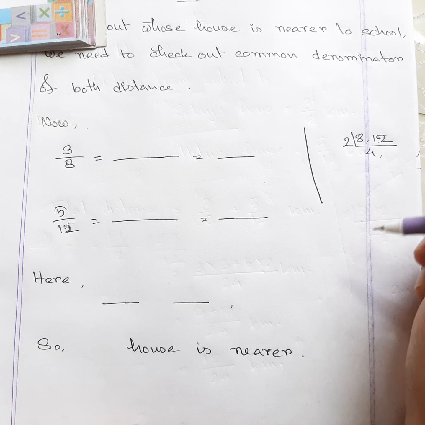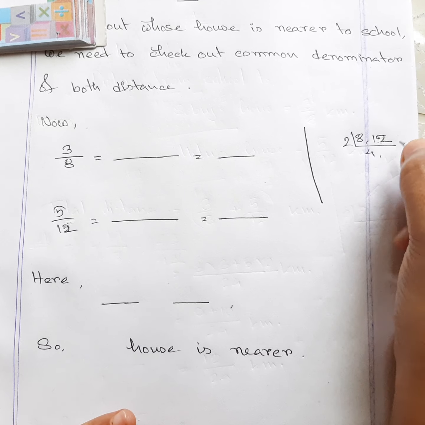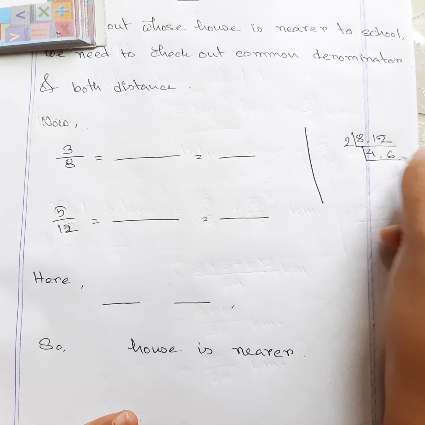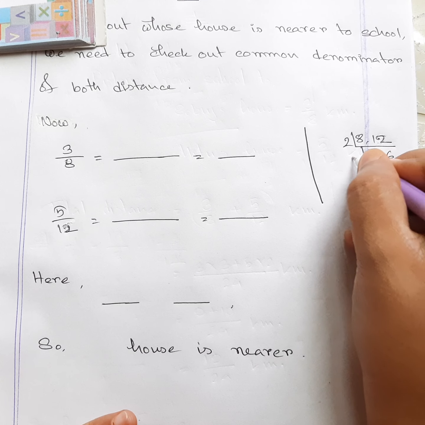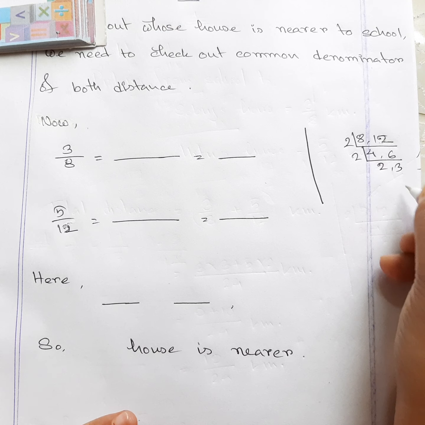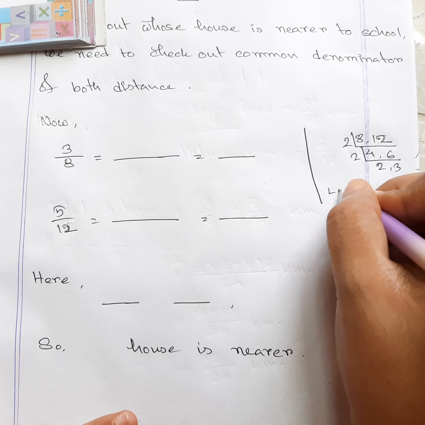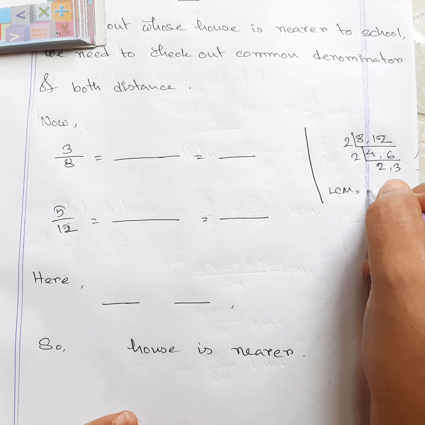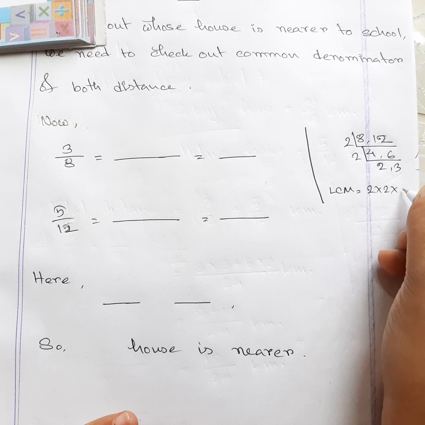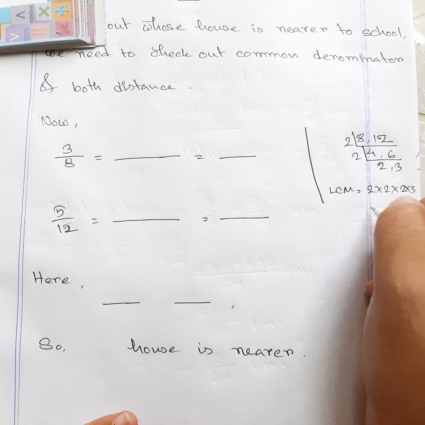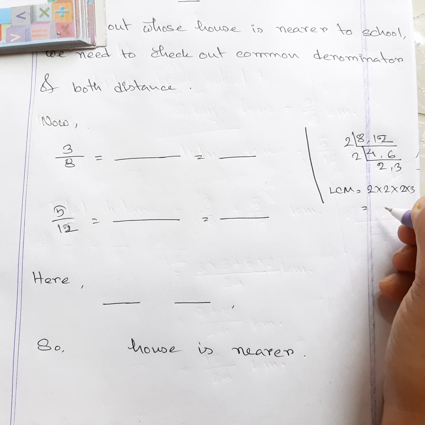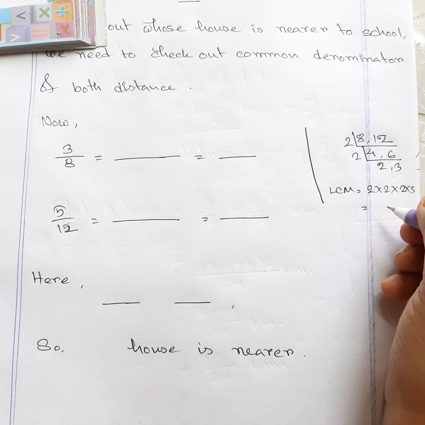Is that right? Okay, I'm joking. Don't worry. Now we'll divide with 2 again. Now we cannot divide, so our LCM will be 24 maybe. Let me correct it. Yes, 24.